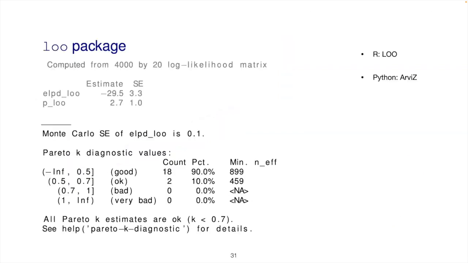And this, of course, has software implementations in both R and Python, and it gives you an automatic leave-one-out cross-validation approximation that only requires you to fit the model once.